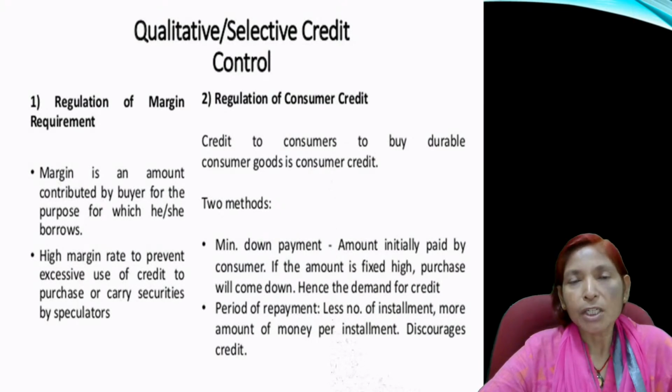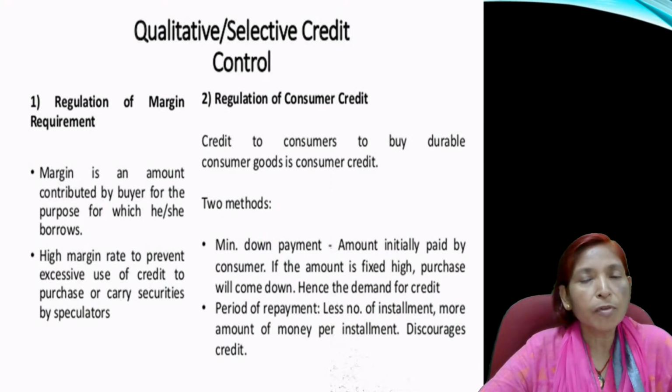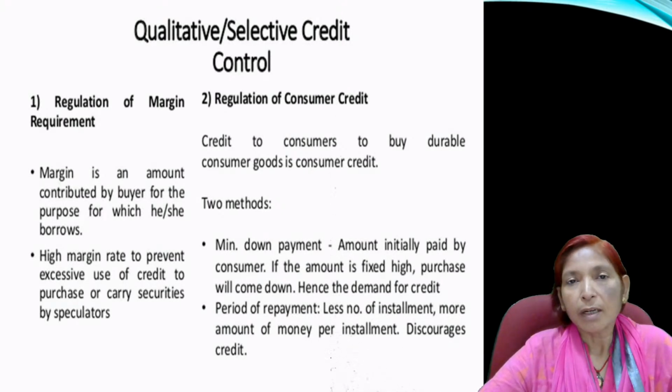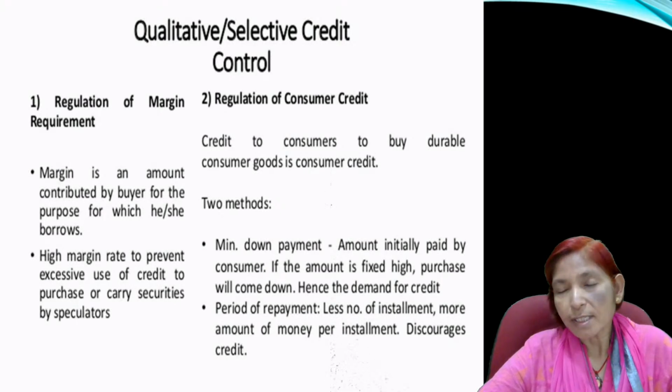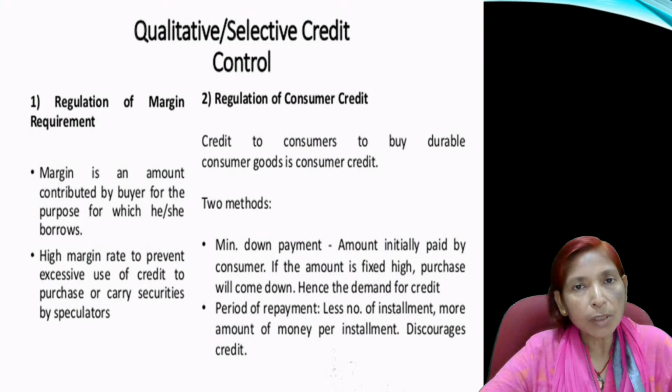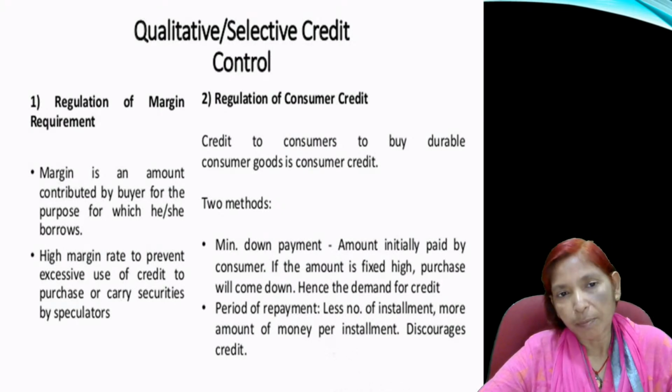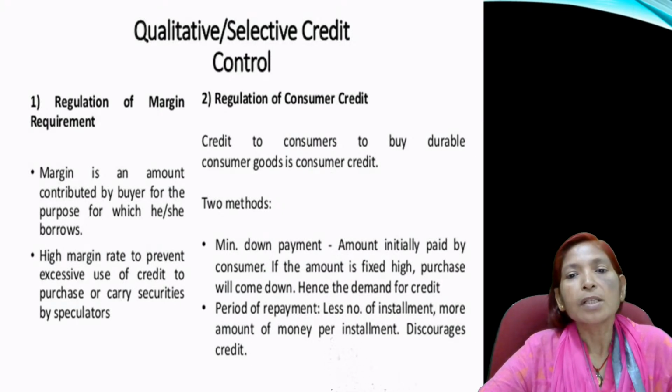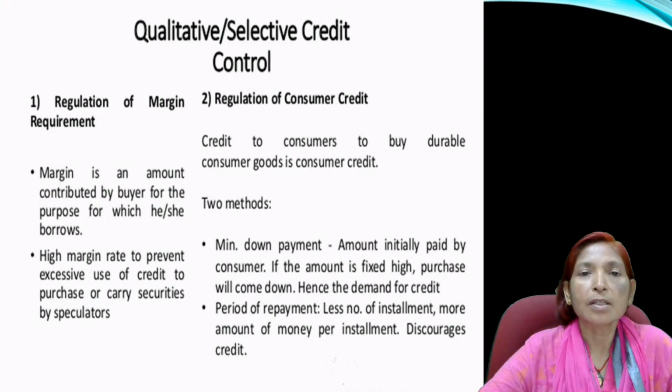Next is regulation of consumer credit. You know there is a rationing system in food supply; in the same way, RBI can make a rationing system of providing credit facilities to the borrowers. In this case, RBI can control the inflation problem. Credit to consumers to buy durable consumer goods is consumer credit.